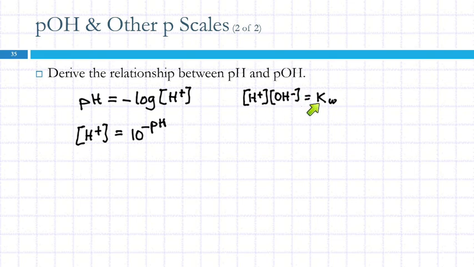So Kw, the ion product constant, the equilibrium constant for water, is H plus times OH minus. I'm gonna take the log of both sides. And why would you randomly decide to do that? Well, it's not random. Actually, let's just take the negative log of both sides.